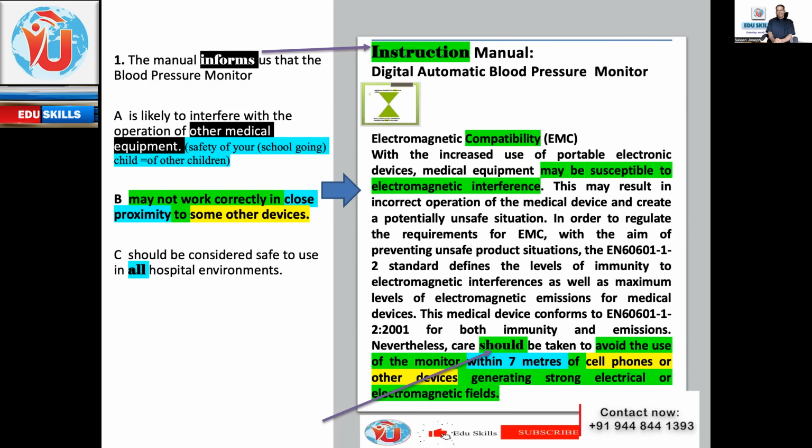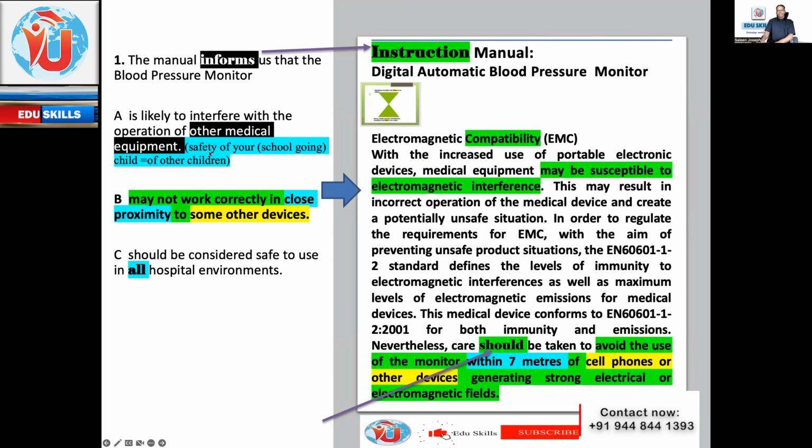So what do you say? Is it likely to interfere with the operation of other medical equipment? That is the blood pressure monitor. Electromagnetic compatibility of what? Blood pressure monitor. And it is safe. They said it confirms it is safe, right? Yes, it is safe.